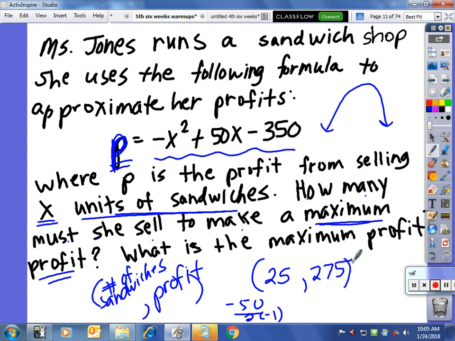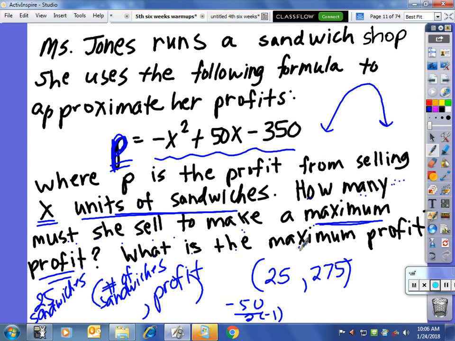275. Now, if you just gave me the answer to this question as 25, 275, that doesn't tell me that you really understand the different things it's asking. Look at the first question. How many sandwiches, I left the word out, must she sell to make a maximum profit? 25. 25 sandwiches. The first thing it asked me for was the X value of the vertex. Then look at the next question.